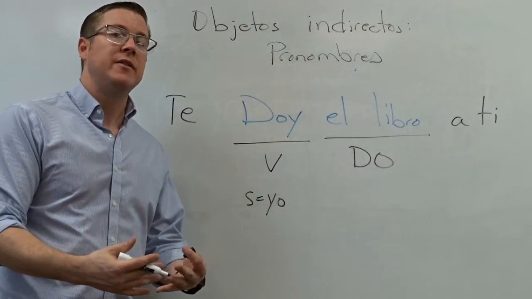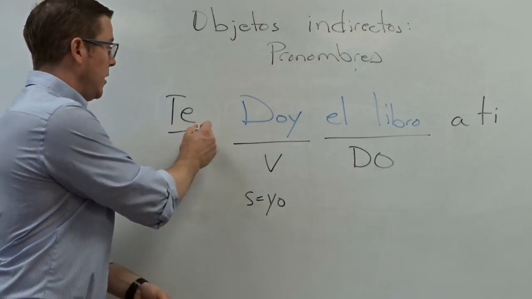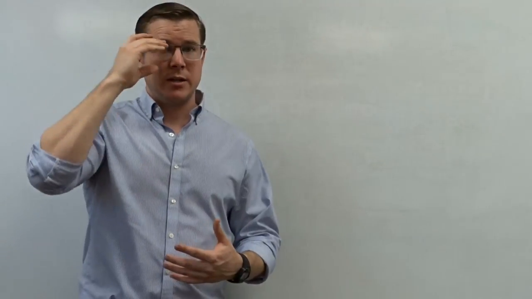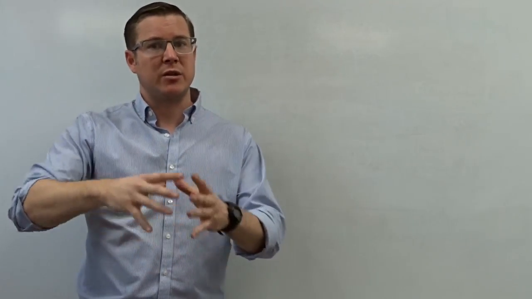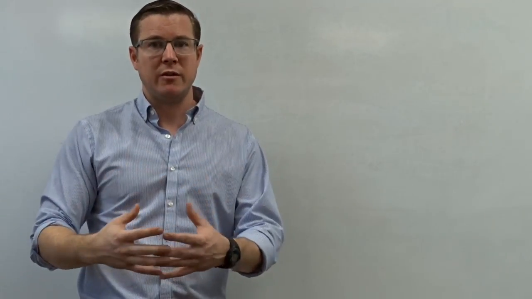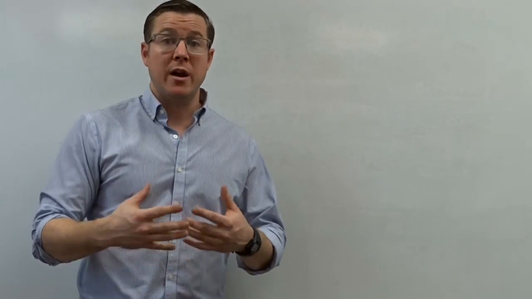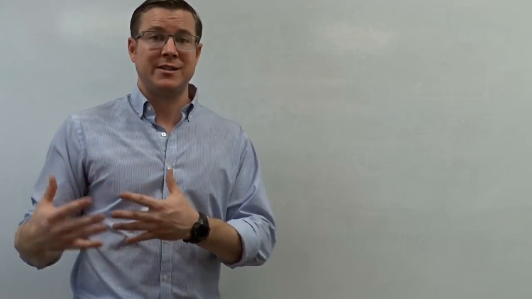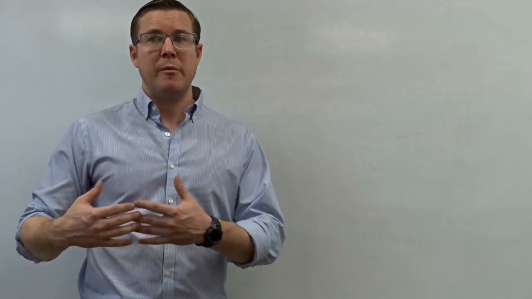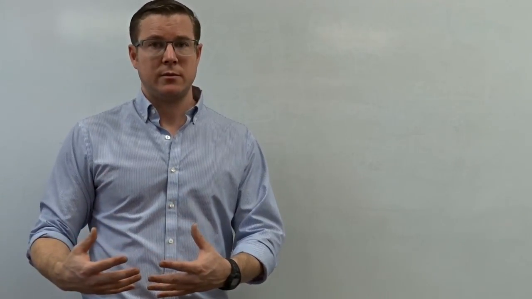But I don't have to have it there for clarity because this makes it clear. So to recap with indirect objects, I always like to have the indirect object pronoun before the conjugated verb whenever I have an indirect object in my sentence. I think it's good practice. I think it's grammatically sound to do that.